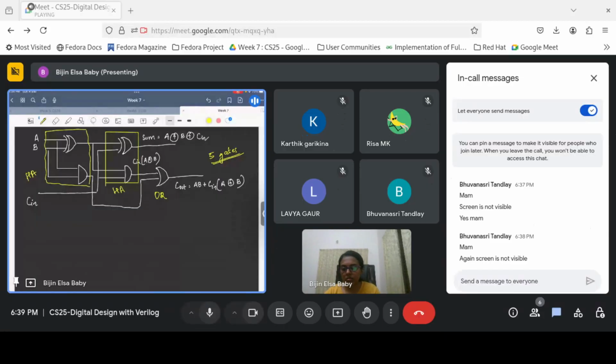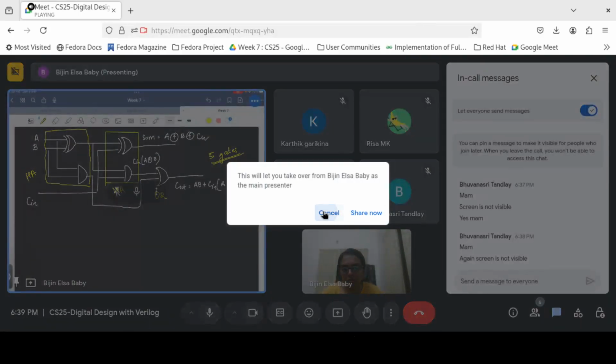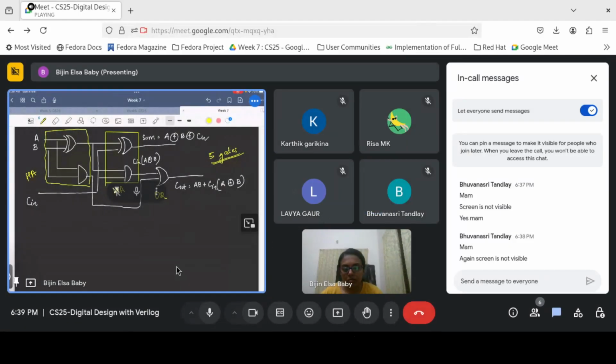Is that clear? Is it visible now? Are you able to see the model?